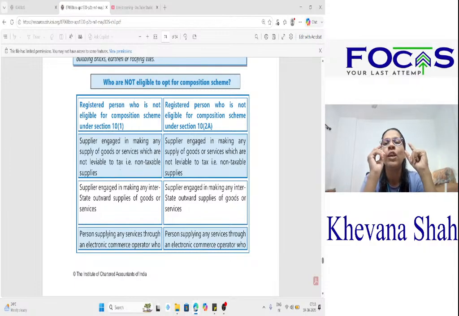In that case, you are ineligible to opt for composition levy both under section 10(1) and under section 10(2)A. So simply you can remember one thing: if you are in exclusive supplies of non-taxable goods or services, then you cannot opt for composition scheme.